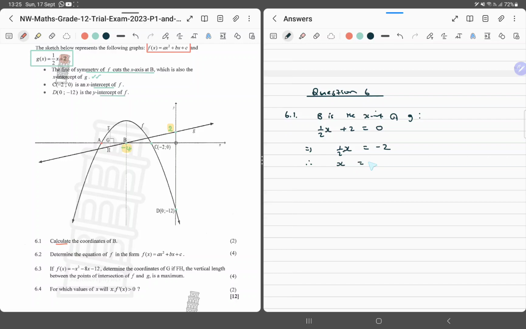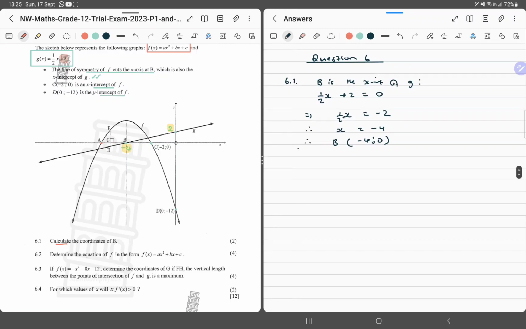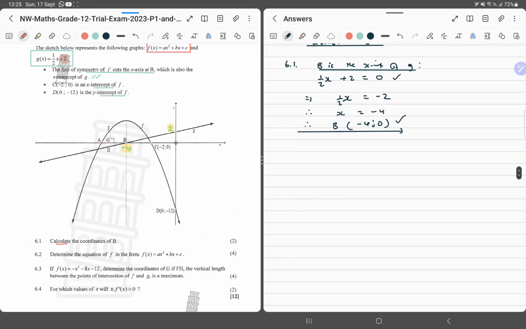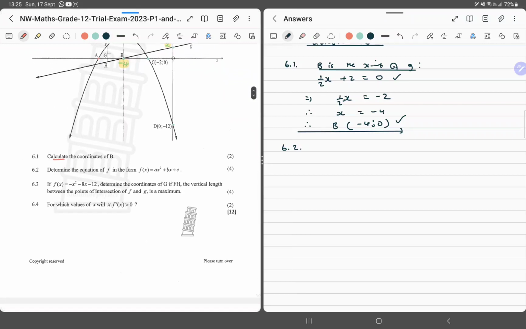Therefore, x is -4. Therefore, B is the point (-4; 0). Remember they said coordinates, so easy. So this statement is very important because it follows in substituting that nicely and then eventually giving us what we want. Nice and easy. No need to panic there. So when you can flow, just flow.